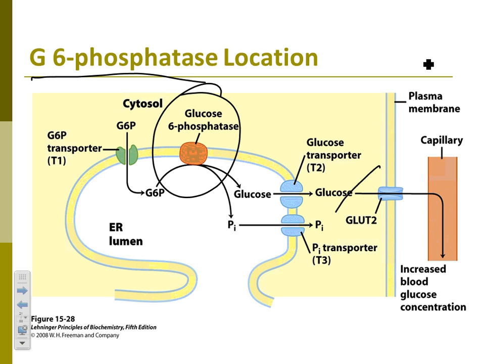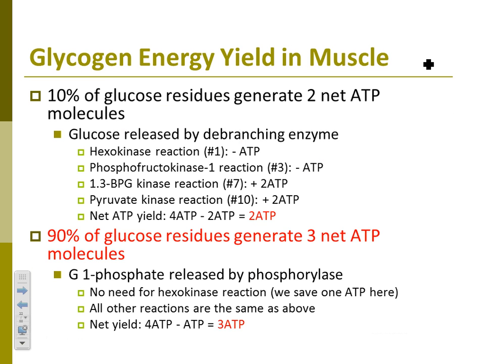Make sure you just know GLUT2 is liver and GLUT4 is muscle. He likes to drive a few points home in this unit, and that's a big one of them. GLUT2 is a liver glucose transporter. GLUT4 is muscle. Heart is a muscle, so anytime you see heart, you can just write muscle right above it. It's going to be the same thing. That's what he's asking about.